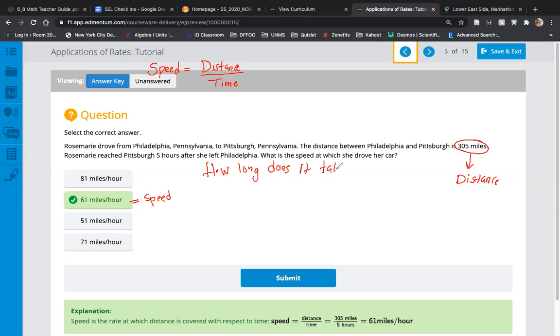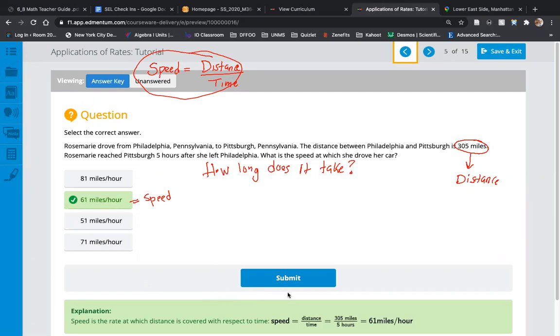So we're still using the same relationship, that your speed is equal to your distance divided by the time. But instead of working with the distance and time, I know the speed and I know the distance.